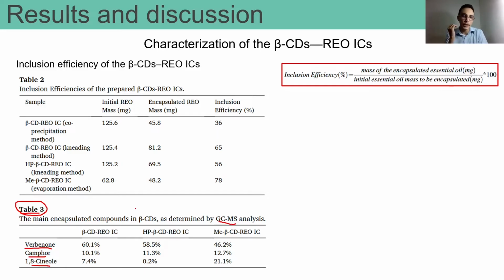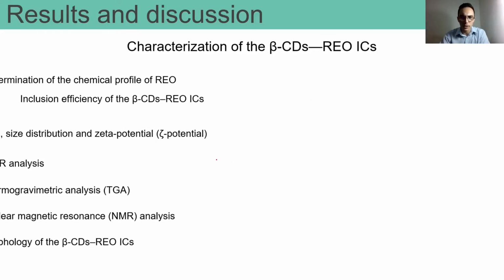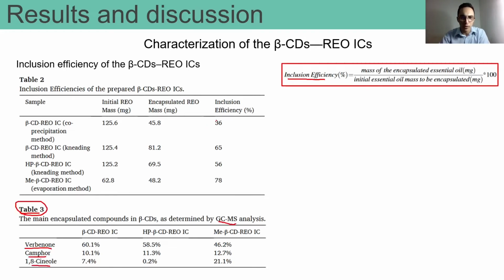And how is the inclusion efficiency calculated? Inclusion efficiency is how much essential oil was encapsulated into the cyclodextrin. That is the formula you can use to calculate it. And here we have some of the best inclusion efficiencies.